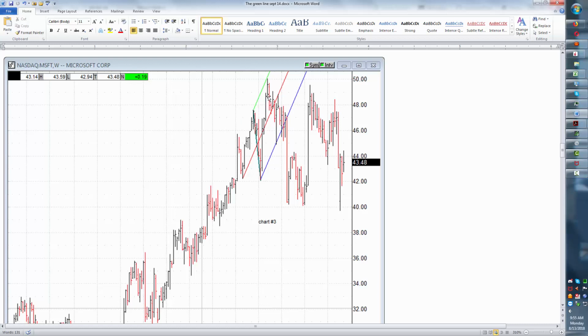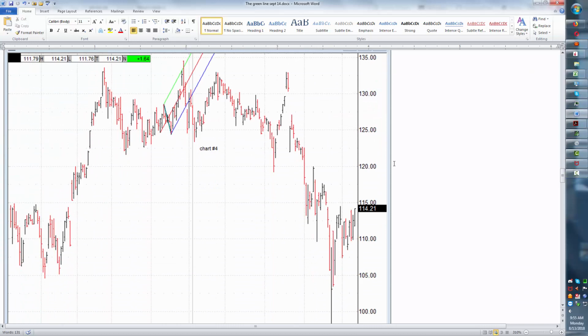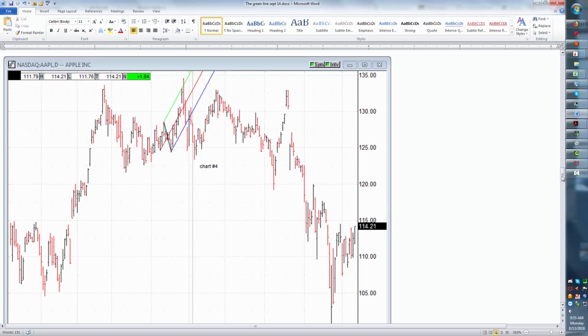Well, this was 2015, and we can see in Microsoft the high was at the green line, right? And notice that in each case, when I draw the green line, I always have one of these patterns in here. Okay, so here we can see prices went up to the green line, and let's see what this one was.